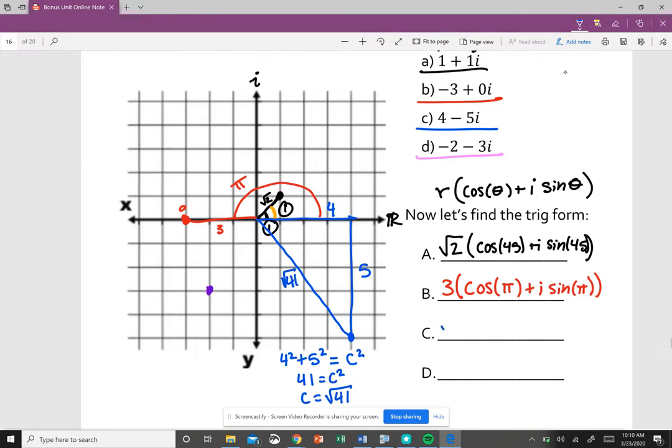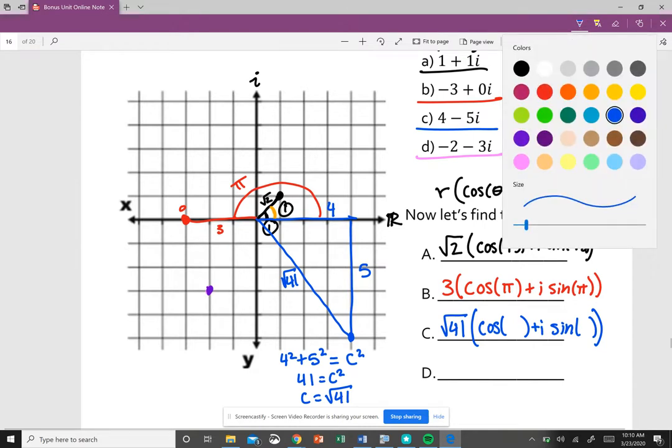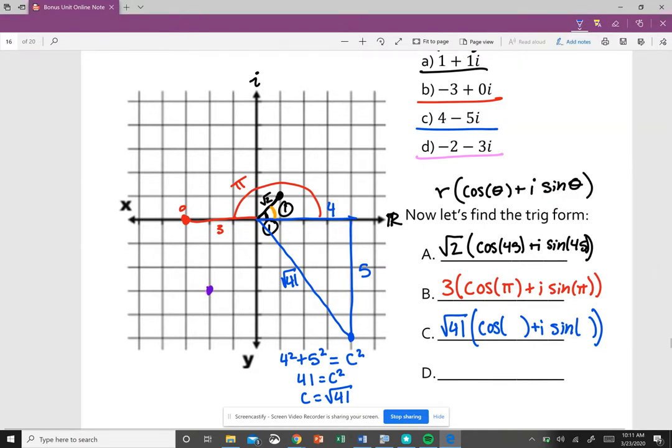So now I know this is the square root of 41. And then inside the parentheses, I'm going to have cosine and sine. So let's do cosine of whatever it is plus I sine whatever it is. Now this one, we are going to have to do a little bit of math because we're going to have to find this angle from the positive all the way around to the blue. So we're going to have to take 360 minus this angle, or 2 pi minus that angle.